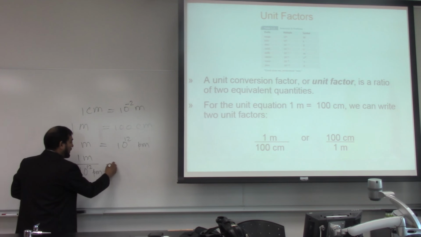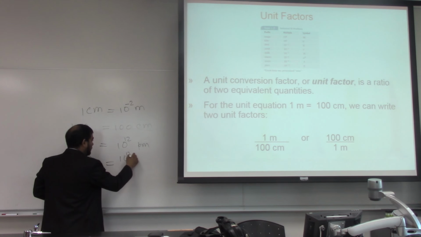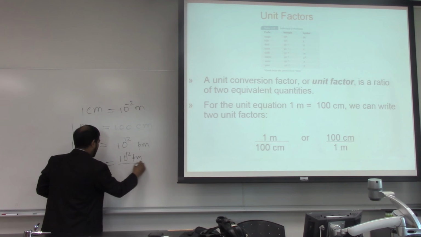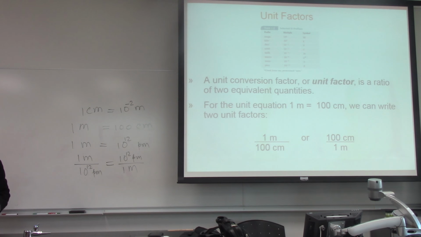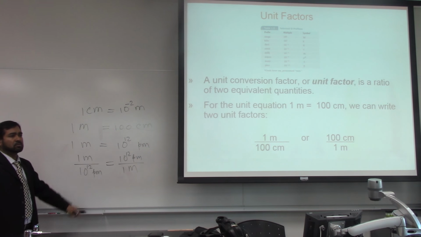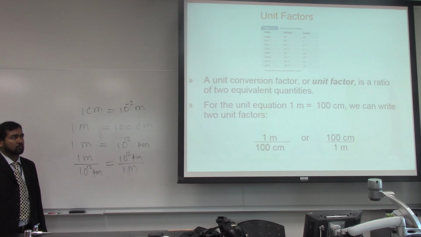We also can flip it. If you flip it, that would be 10 to the 12 picometer over 1 meter. That's how you convert from meter to picometer or picometer to meter based on what you need.